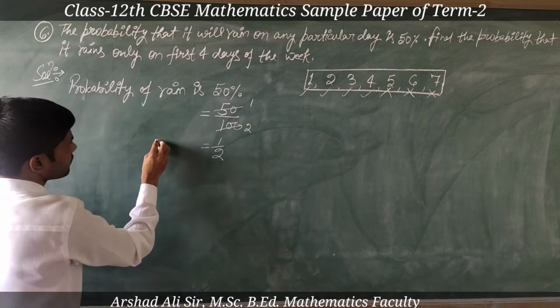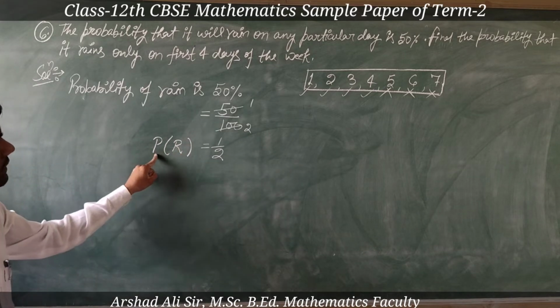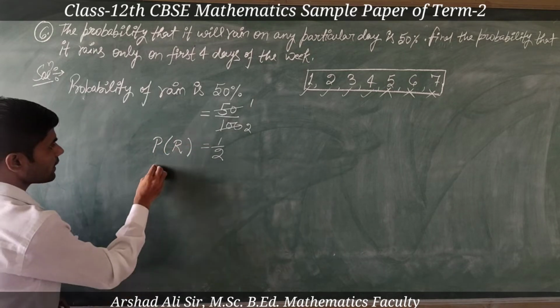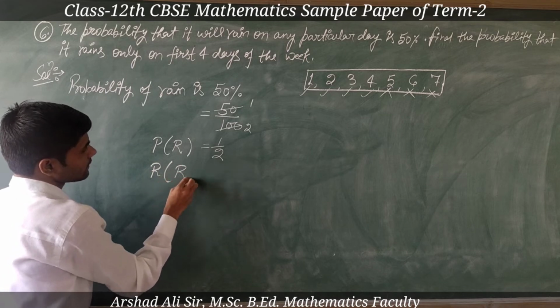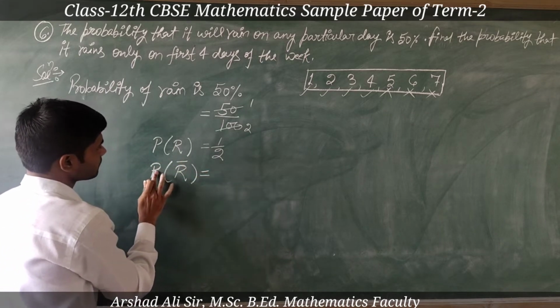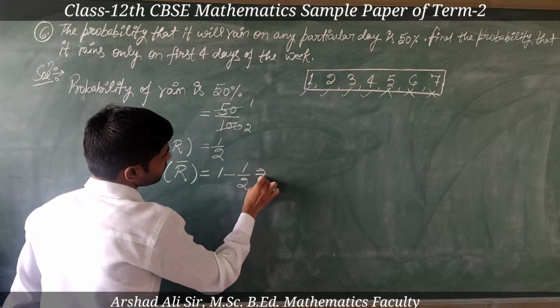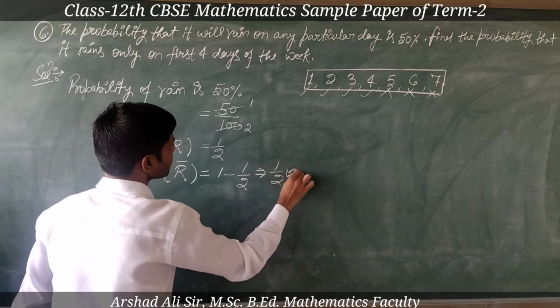Probability of rain we can represent by R. Probability of rain is 1 by 2, and probability of the rain not coming, R dash or R bar, is equal to 1 minus 1 upon 2. It will be 1 upon 2.